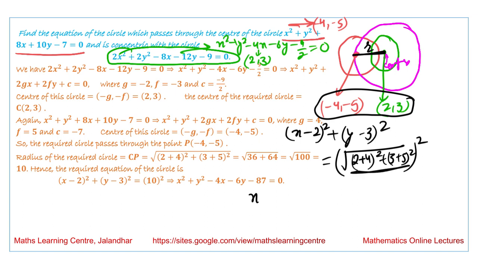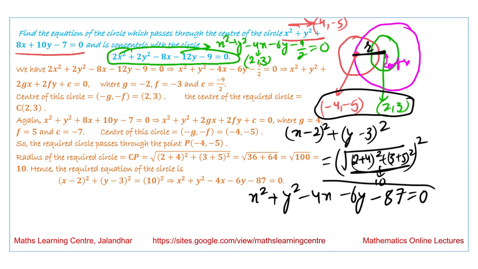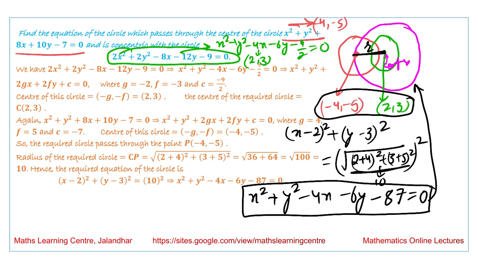When you solve, you will obtain the value 10 square. So it is x square plus y square minus 4x minus 6y, and you solve these values. This is 9, 4, 9 and 100. So you will get minus 87 is equal to 0. So this is the equation of the required circle.